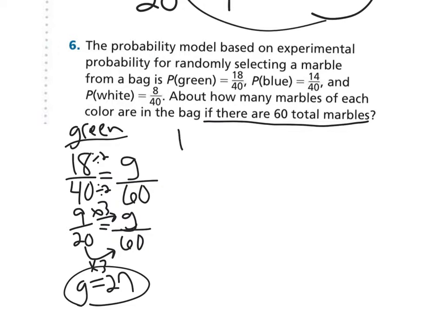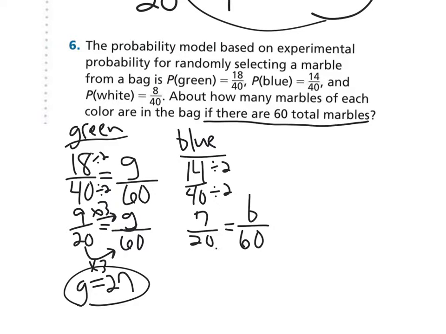And then we'll just do the same thing for the other two here. For the blue it was 14 out of 40, which we can reduce to 7/20ths. So 7/20ths, again, same pattern, multiplying by 3, would be 21 blue marbles.